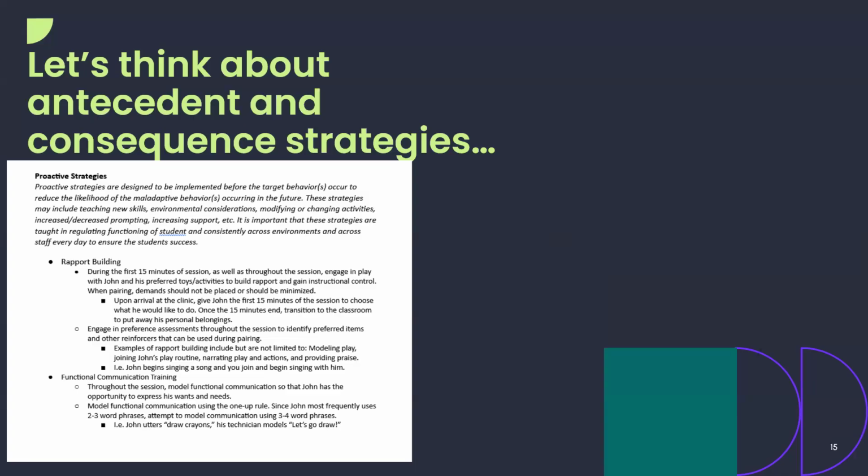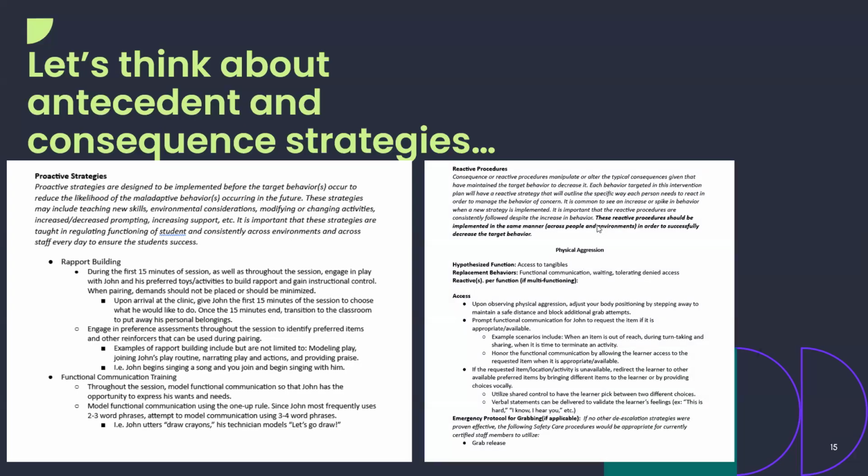You can go ahead and pause and look through the entire strategies here. But moving forward, in terms of consequence strategies for physical aggression, if we remember, it is primarily used to gain access to some kind of tangible here. So we're taking the physical aggression, we're naming out some replacement behaviors that we'd like to see, and we're addressing the function of access directly.